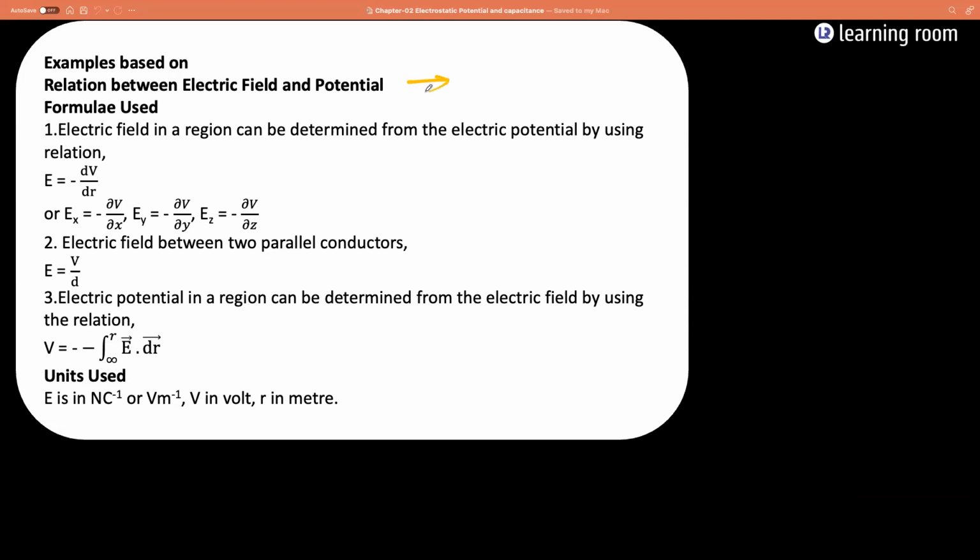So the next set of problems that we are going to see will be based on the relation between electric field and potential. So we know that the electric field is defined as the negative of dV by dr. What does this negative sign indicate?